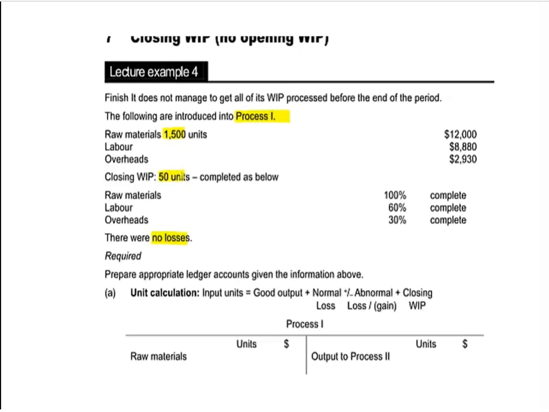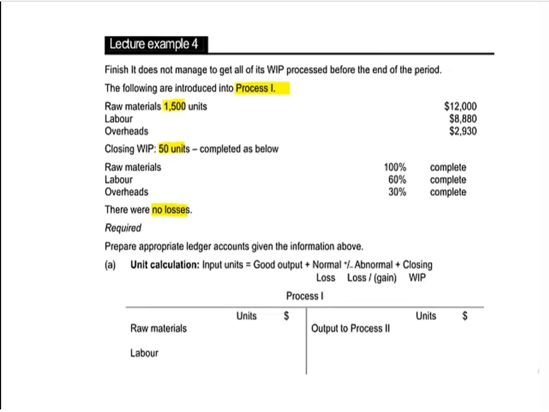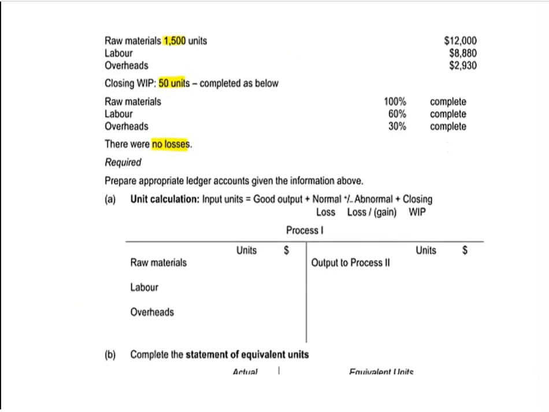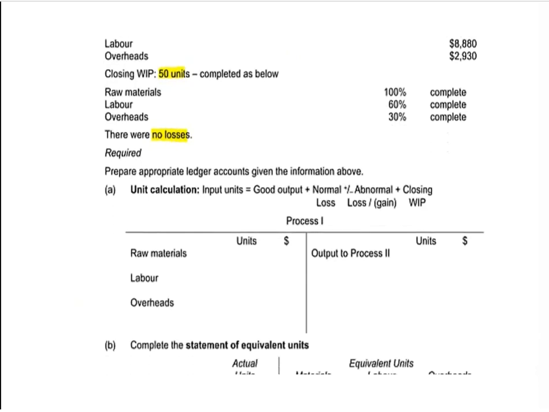1450 units. So we start off then by filling in our flow of units. So we put in 1500 units. We've got closing work in progress of 50 units. So that means that our outputs to process 2 must have been 1450.